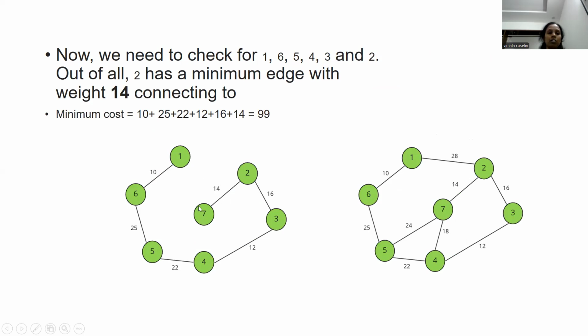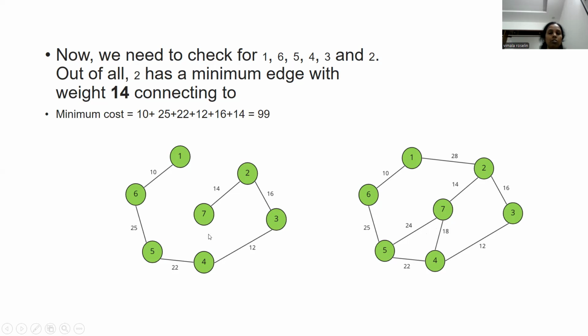Again, 7 is connected with 2, 5 and 4. If we check the minimum cost value again, it will be from 7 to 4 only, 18. If we connect this one, it will form a cycle.